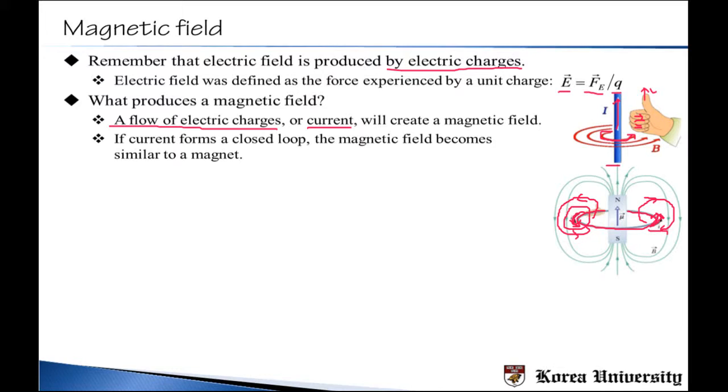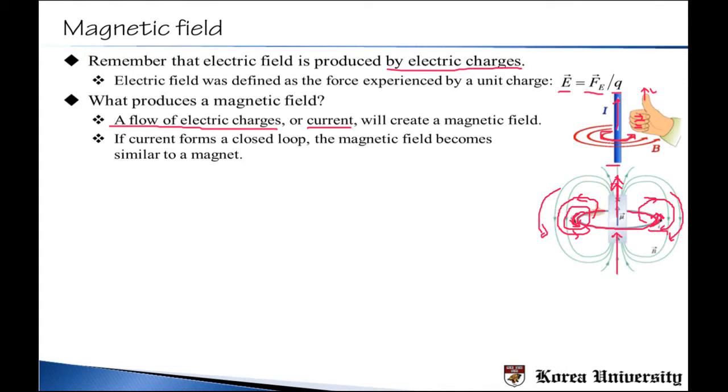And if you repeat this around all parts of the loop, you can figure out that the magnetic field will be pointing along this direction in the middle. It's just like the magnetic field comes out toward the upper direction in the middle and then goes around. It will be going around like this on the left side and like that on the right side, and then come back into the middle from the bottom.